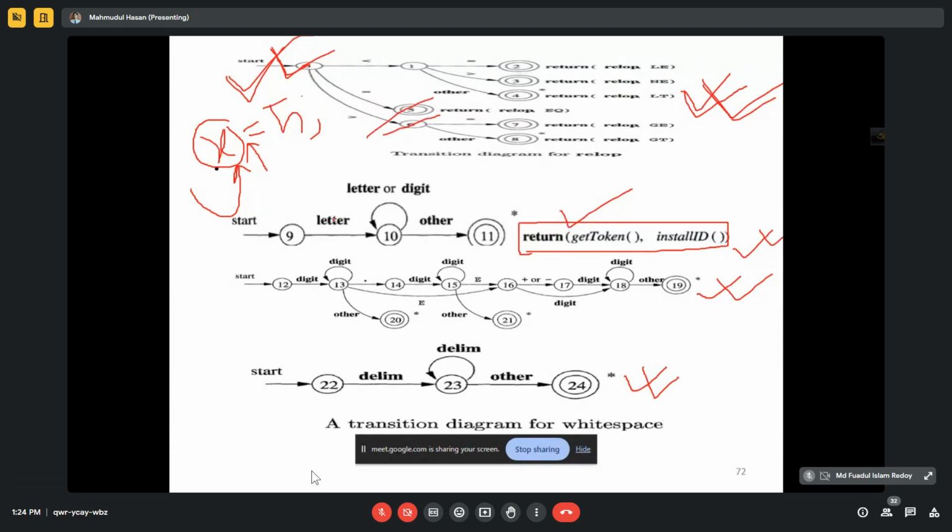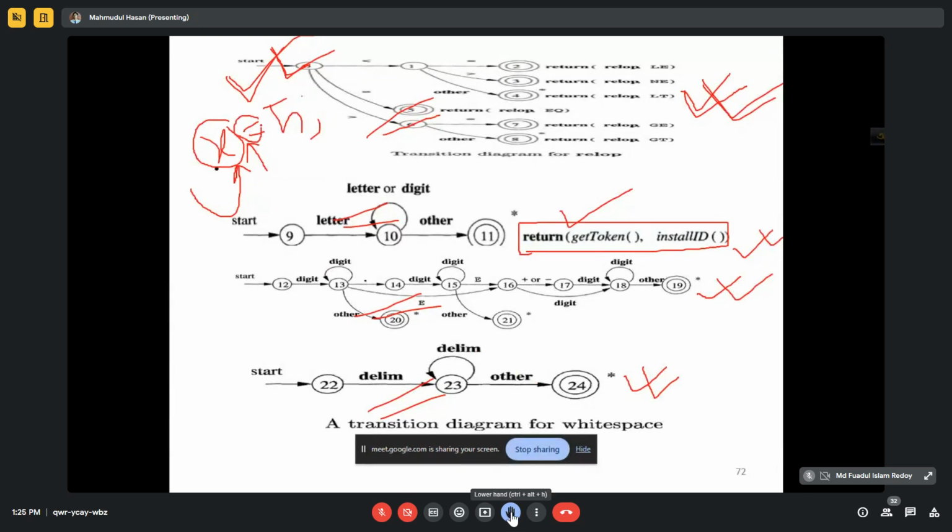No, no, no. Then this one is able. But this one doesn't return any token, because we know that white spaces are discarded in lexical analysis. It will produce a token, but this token is not returned to the parser or syntax analyzer.